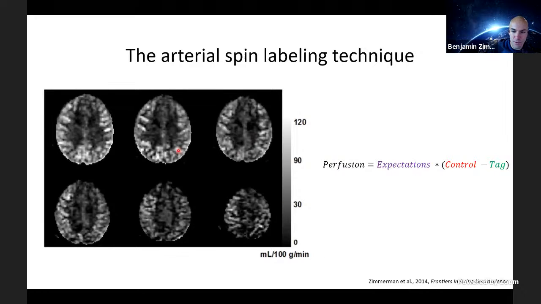And after doing that, we get these beautiful images that are brighter, where there's more perfusion, usually on the outside in the cortex, and darker where there's less perfusion. So you can see in this example, for instance, that the gray matter of the cortex, where most of the neuronal cell bodies are, the perfusion is higher.